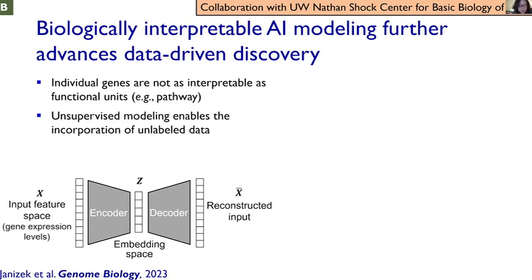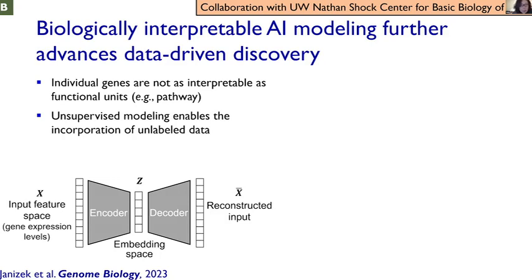So the idea is that you reduce the dimensionality of gene expression data into a lower dimensional embedding space, and then the decoder reconstructs the original data set, and you don't want to lose much information, so you want to find that lower dimensional space.